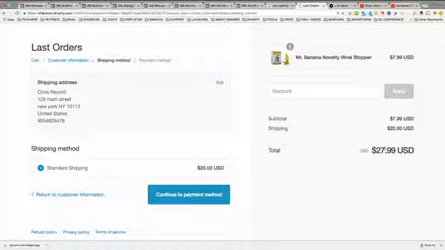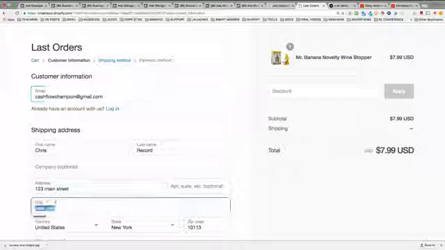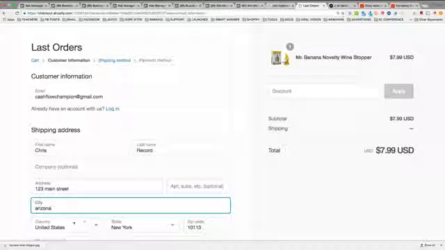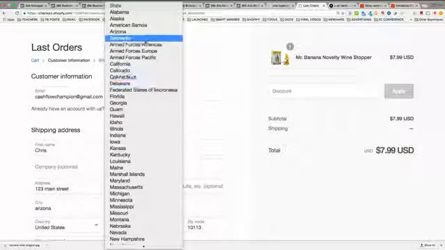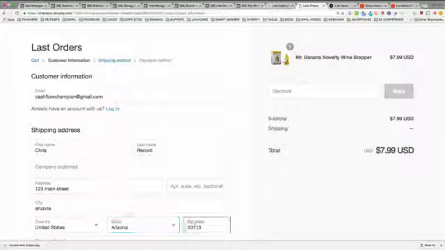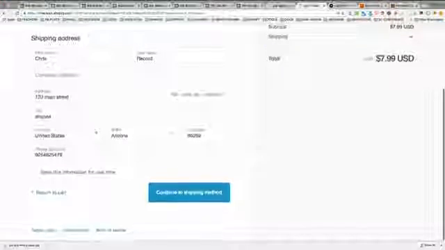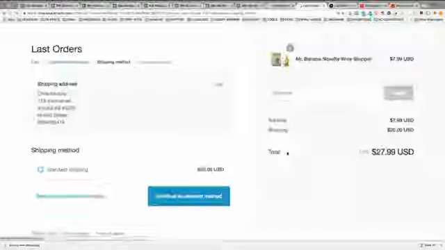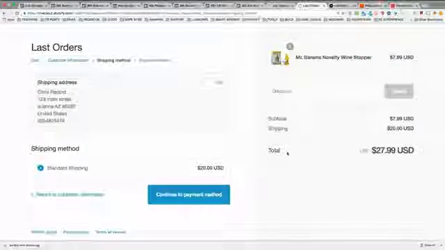Now, if I go back and change the customer information to Arizona, which is what I wanted to show you, 85262, and we continue to the shipping method, it's the same. It's a flat rate to all of the United States, $20 in shipping.